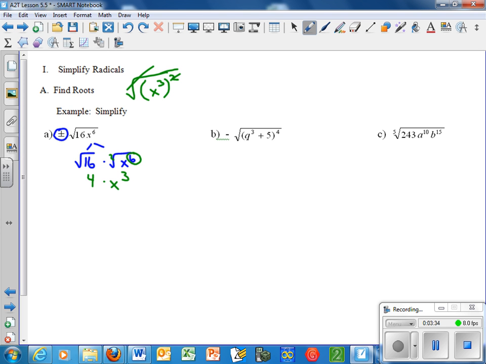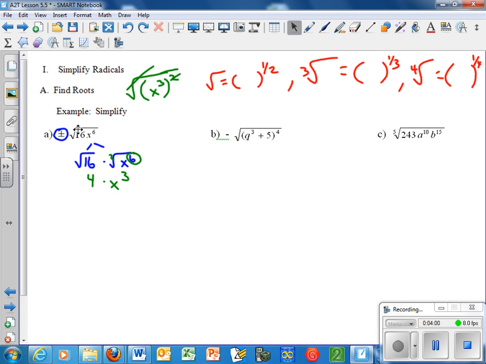Another way of thinking of it is fractional exponents. Remember a little bit of review here. Square root means something to the 1/2 power. We'll get to other roots besides square roots later, but cube root means whatever's underneath the radical to the 1/3 power. Fourth root means whatever's under the radical to the 1/4 power.